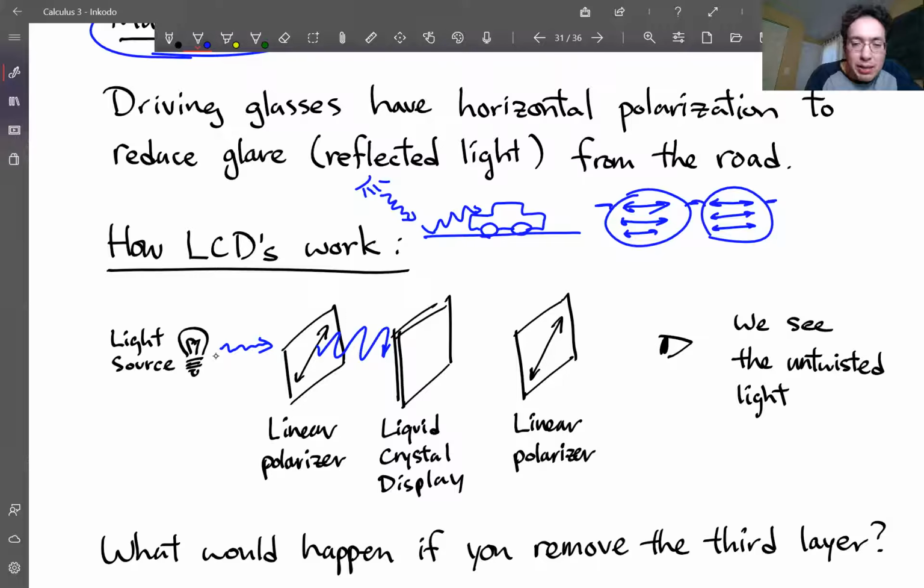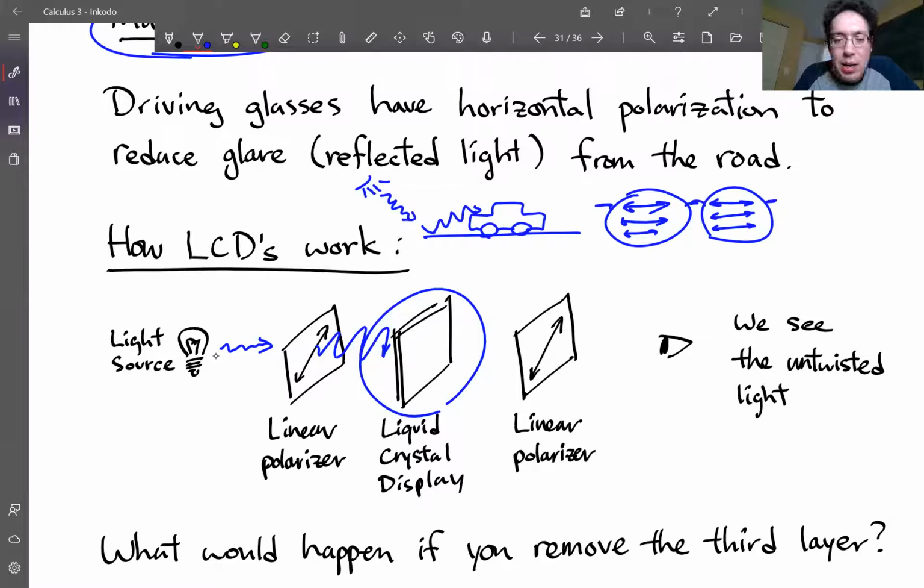And the middle layer is the liquid crystal display. What it does is, if that portion of the screen is stimulated with electricity, some kind of voltage, then it twists the polarization orientation through the liquid crystal.